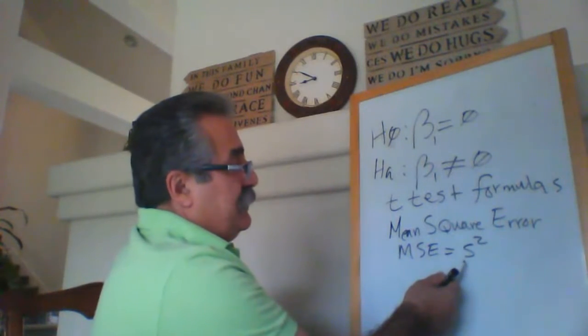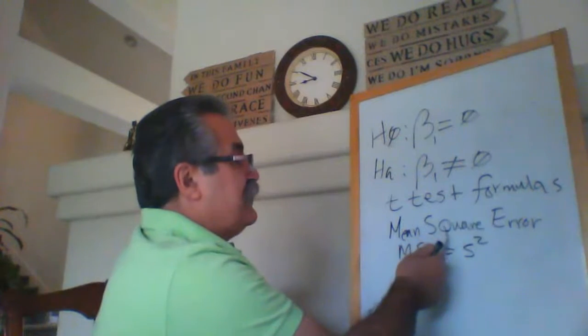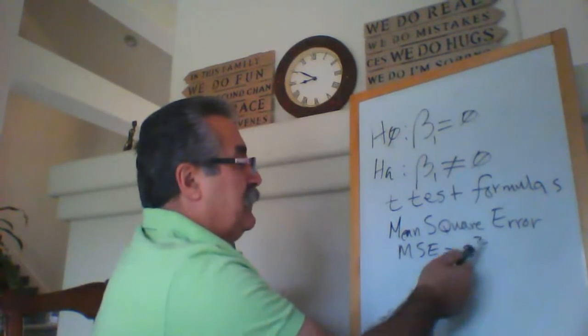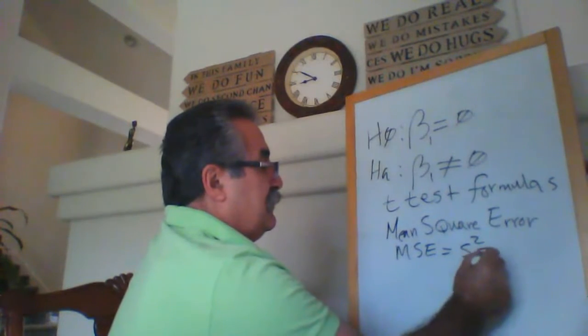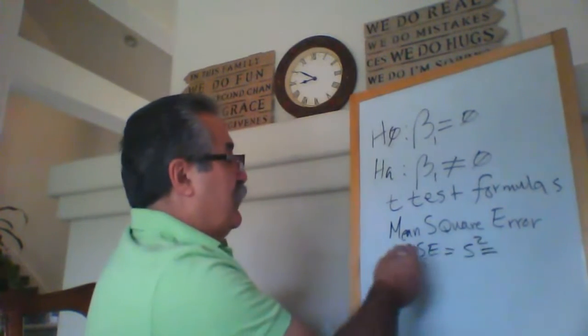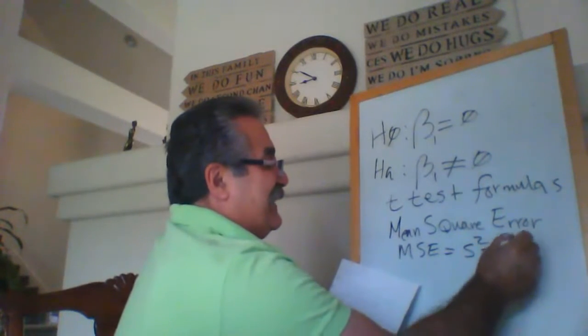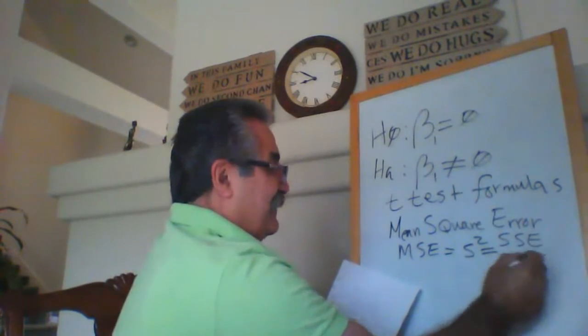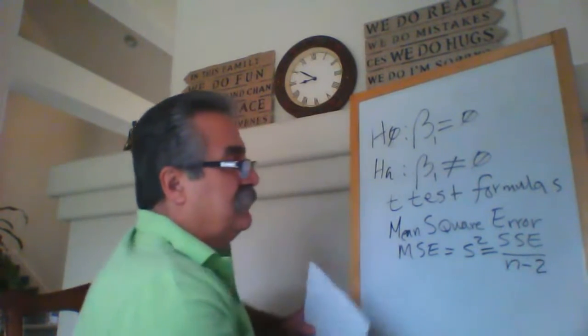S squared, which is actually mean square error, is equal to SSE divided by n minus 2.